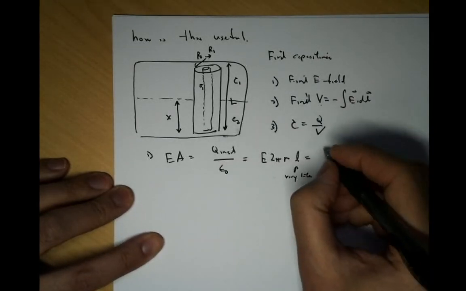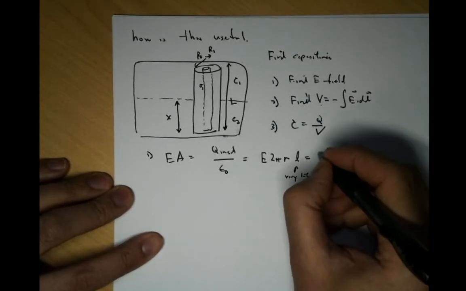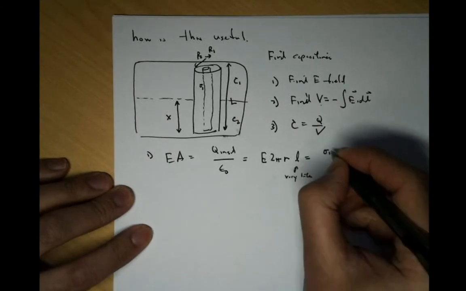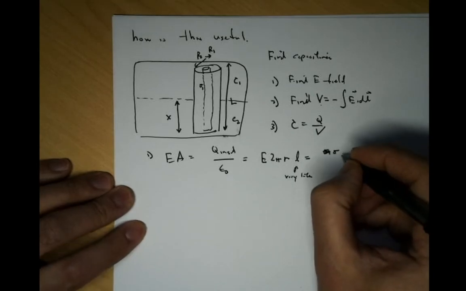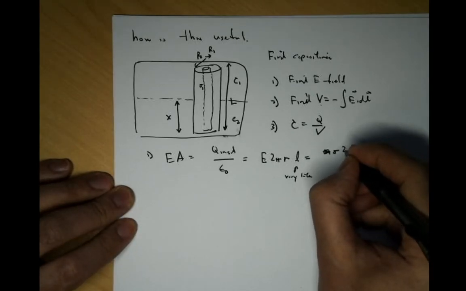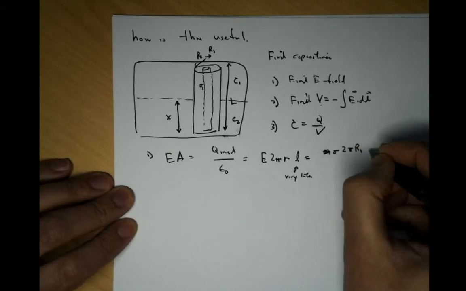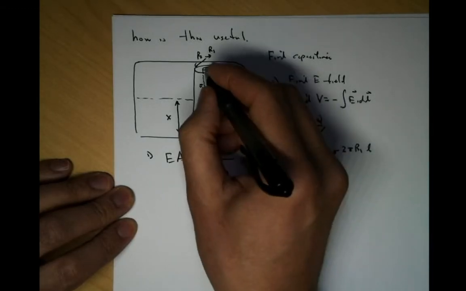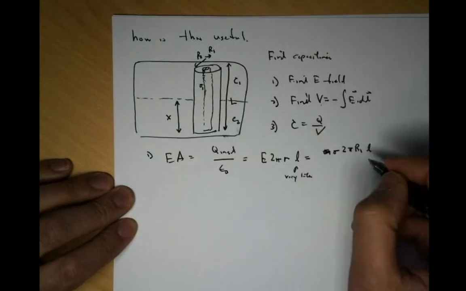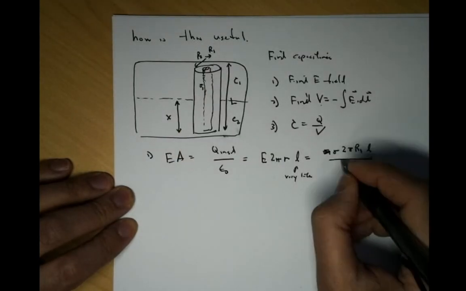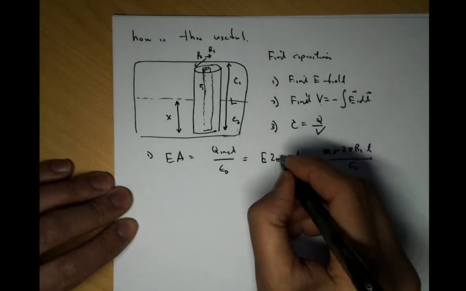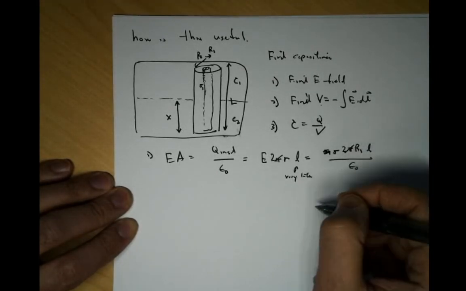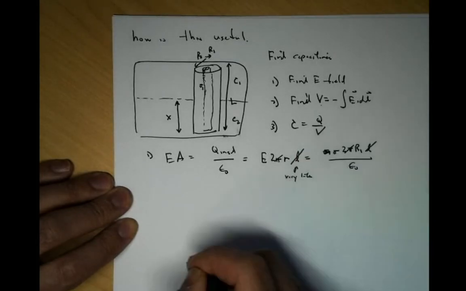Equals sigma inside. What's sigma inside? Well, that's just going to be some sigma 1, or sigma. I'll write it as sigma. This will vary again, times 2 pi R1 times L, because I just care about this radius here. That's the sigma I care about. Divide by epsilon naught for Q inside. And so the 2 pi's will kill each other, and the L's will kill each other as well.